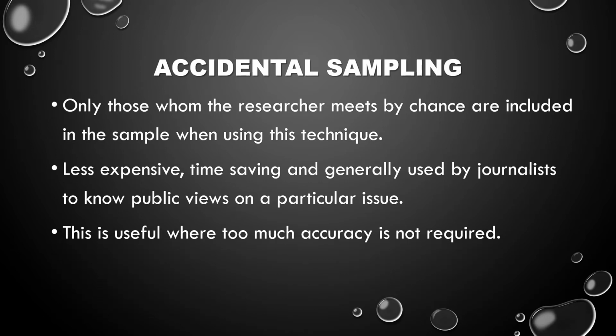Okay? Now, this is useful where too much accuracy is not required. And again, you might just pick on anybody, even though that somebody doesn't know what happened in there. So that means it's going to be with less accuracy. So this is accidental sampling.